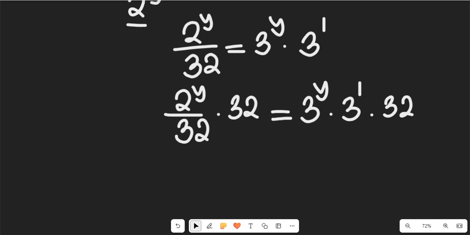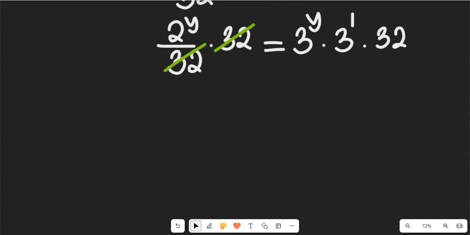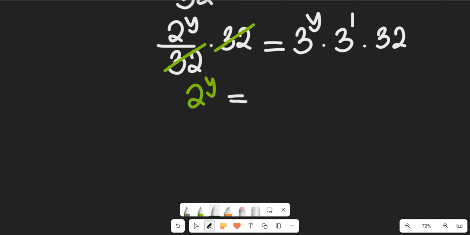From this expression, you come to see that 32 can simply divide 32 to give us 1. And then we'll have 2 to the power of y, right? And that will be equal to 3 times 32 will give us 96.